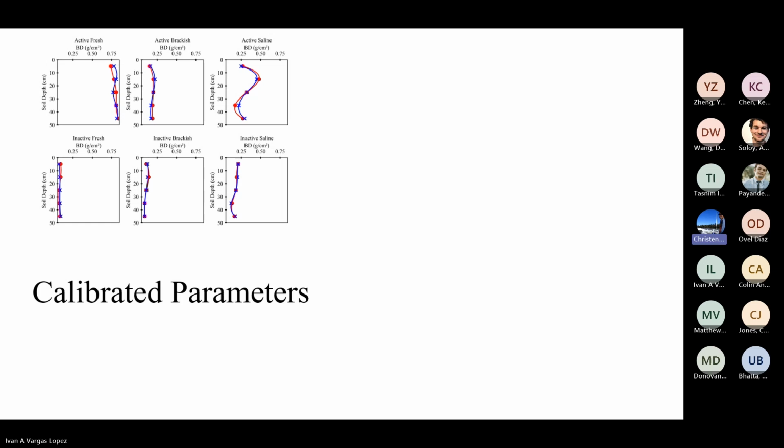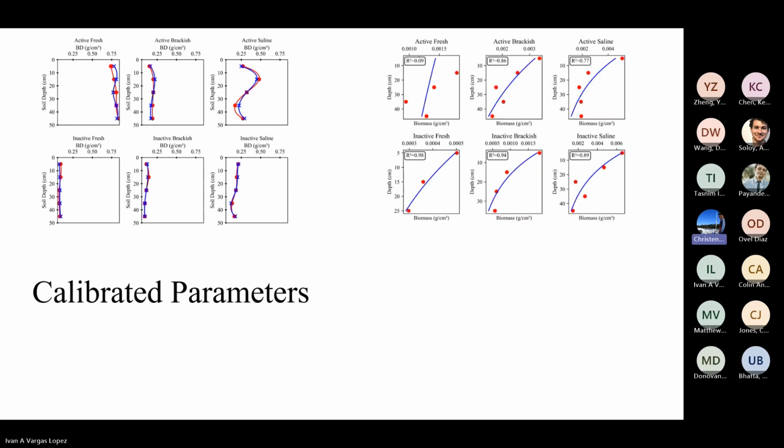All the red dots, all the red lines are observed values from Castaneda, MOA, and Solohin, and the blue lines are our model produced values, using our calibrated BO and BI values. And for root biomass at the surface, you can see most of the sites have a good fit with a good R-square value.